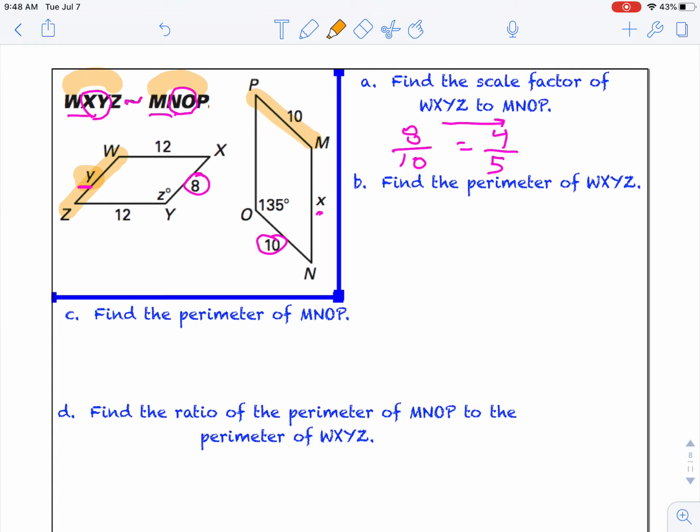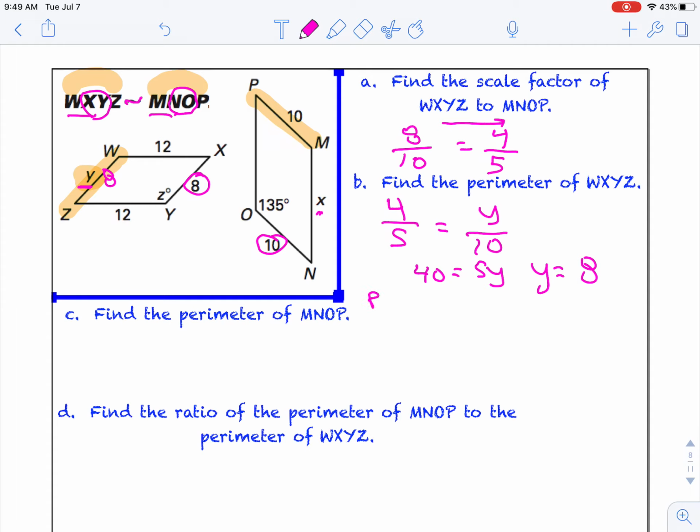So that means that the ratio of sides has to be the same as 4 over 5. So that means that 4 over 5 has to be the same ratio as what we don't know, Y to 10. Now we can cross multiply and we get 40 equals 5Y. So Y equals 8. And you probably just wanted to guess that, but we should always do the actual math to make sure.